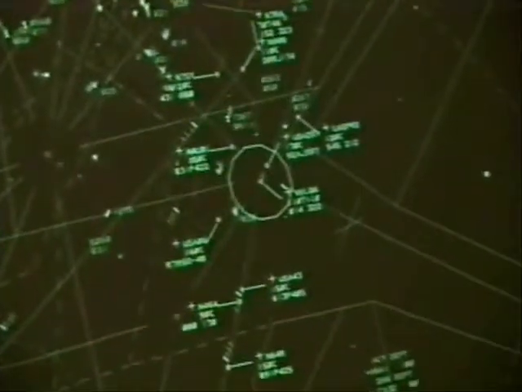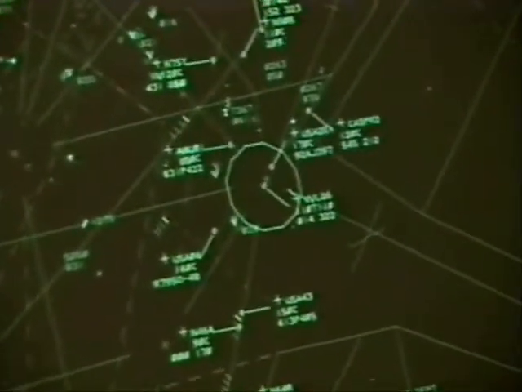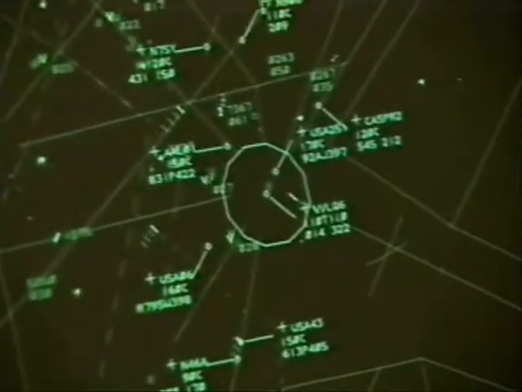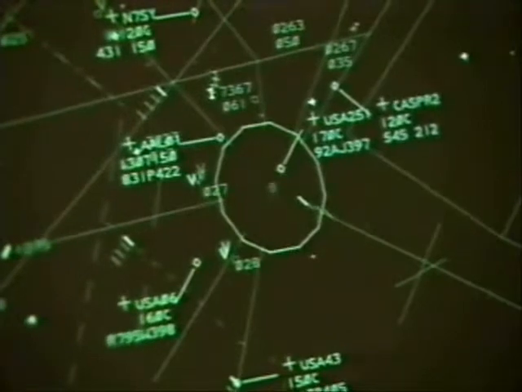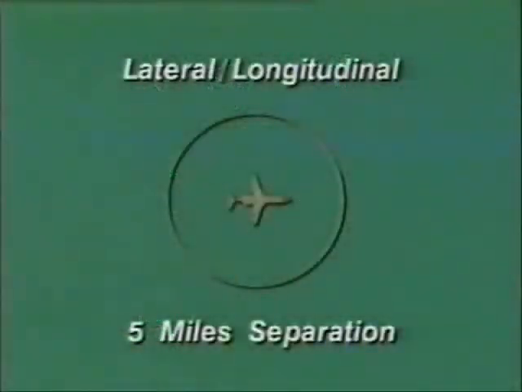For radar separation, the spacing between aircraft is expressed in distance, whether in feet of altitude or in longitudinal or lateral miles. Radar minima for longitudinal and lateral separation are 5 miles of distance between aircraft at the same altitude.